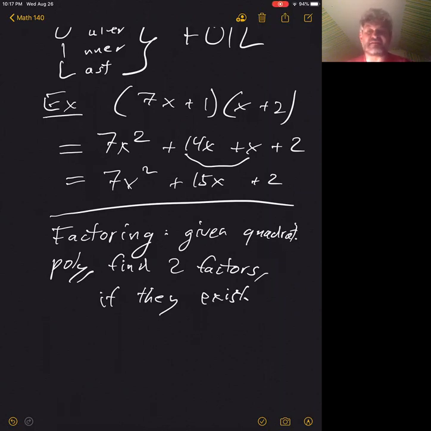The only way that a polynomial of degree 2 can factor is into two factors of degree 1, up to shuffling around some constant factors that do not change the degree. You can only split it into two factors of degree 1, if it's possible.